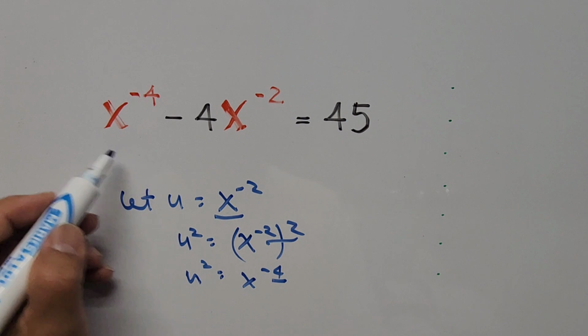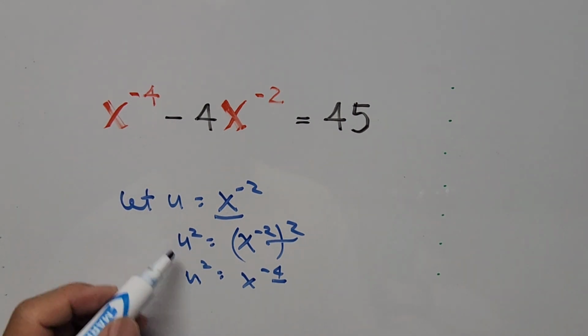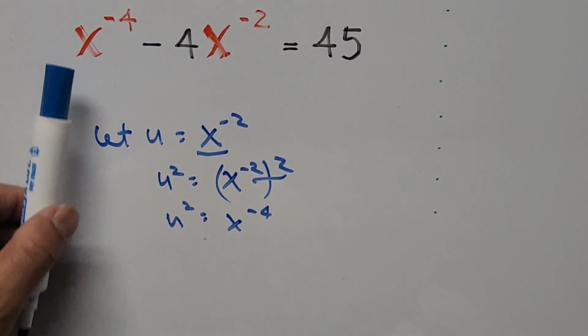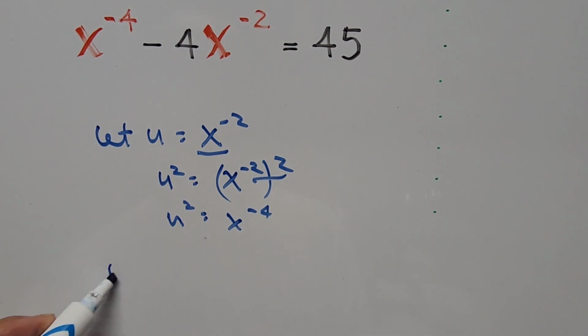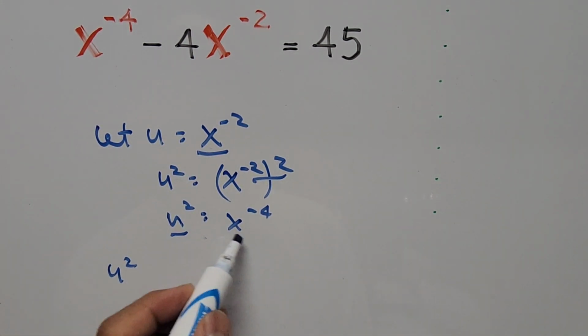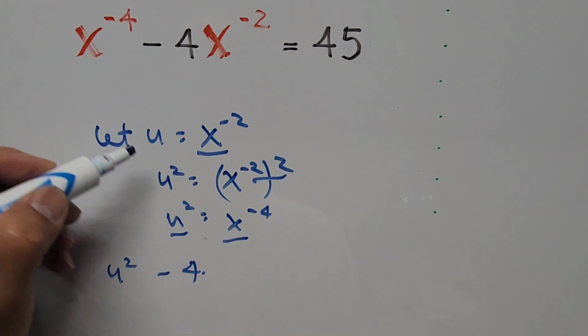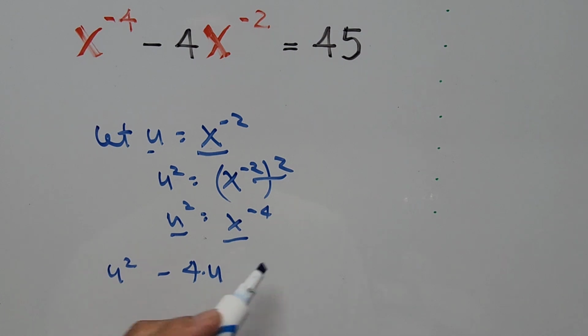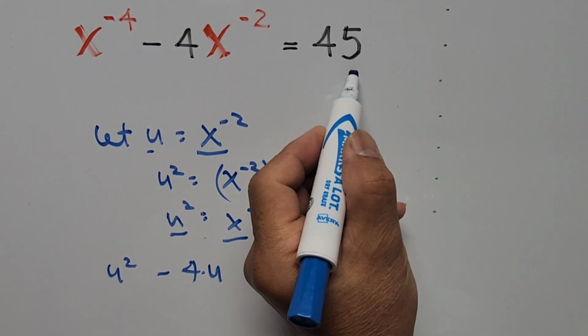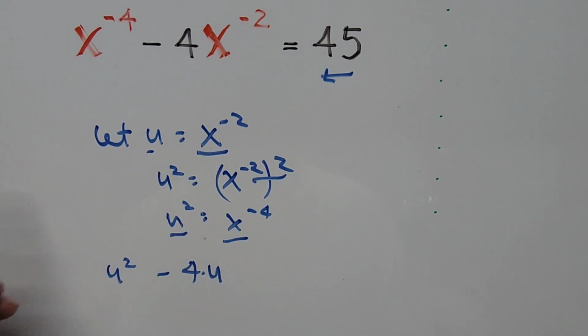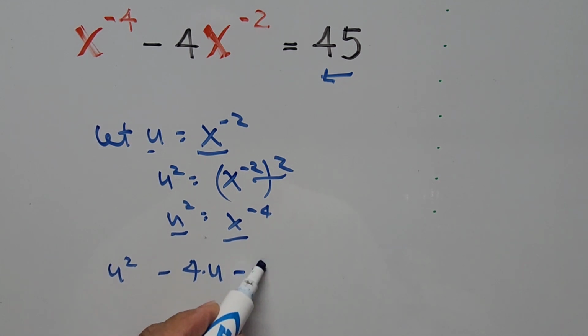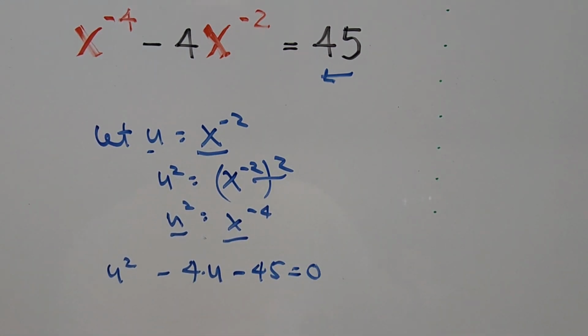So that's what we have in the first term right there. Okay, so let's put u into our equation. So we have u squared, which is x to the power of negative 4, minus 4 times x to the negative 2, that is u, and putting the constant from the right together to the left, so we have minus 45 equals 0.